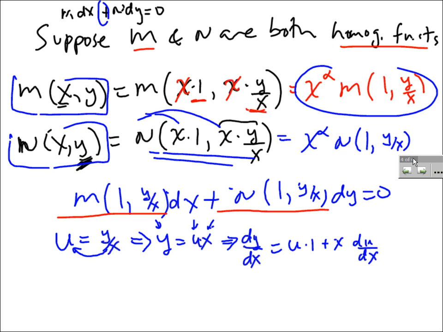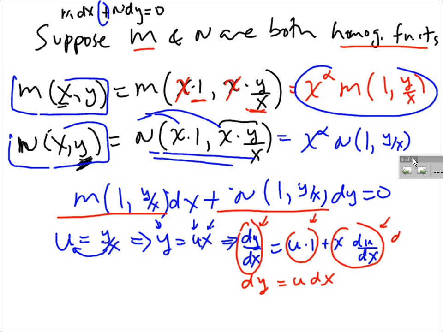Now, if I multiply all these terms by dx, I just get dy. u times 1 is u, and multiplying by dx, I get u dx. Multiplying this by dx, I get plus x du.